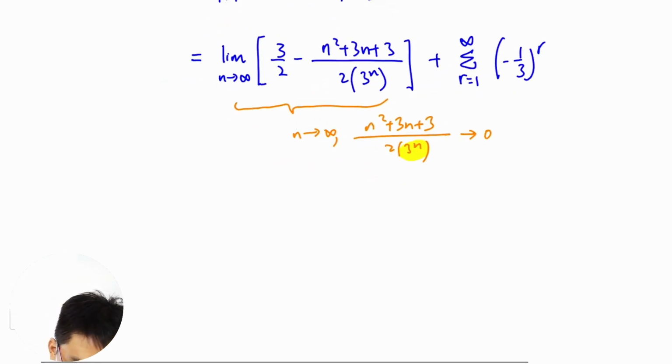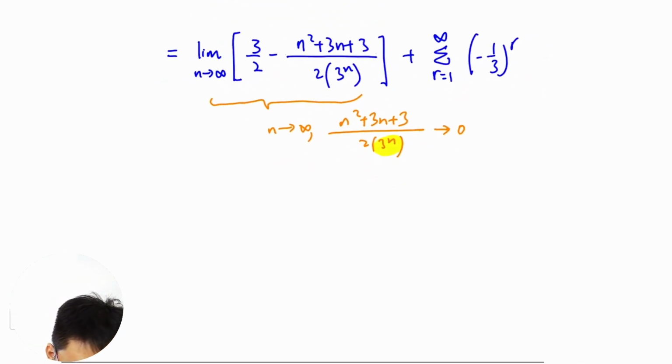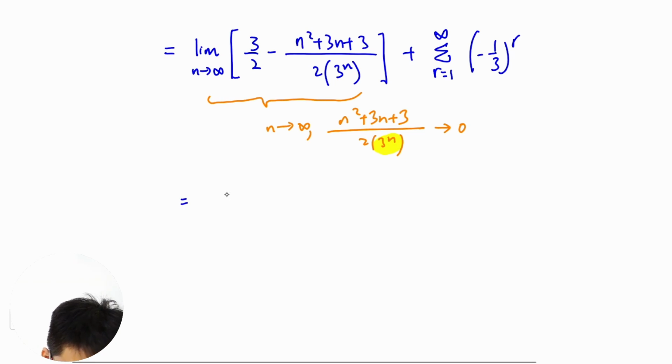Once done, we could do this as 3 over 2 minus 0. Then this case here, the one behind here, will just become a sum to infinity.